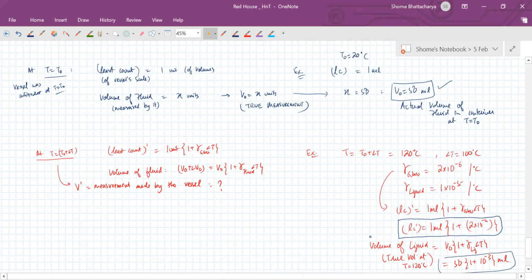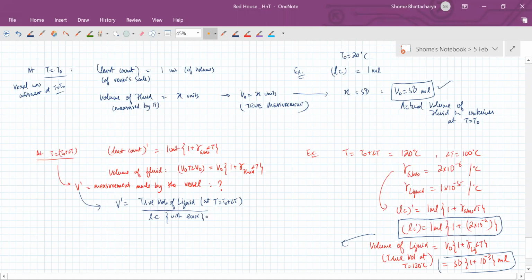So what will be the new measurement? Okay. So the new measurement V prime will be the true volume of liquid, okay, at this new temperature, okay, divided by the least count, which is with error.